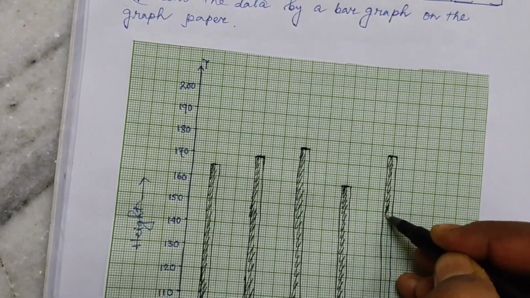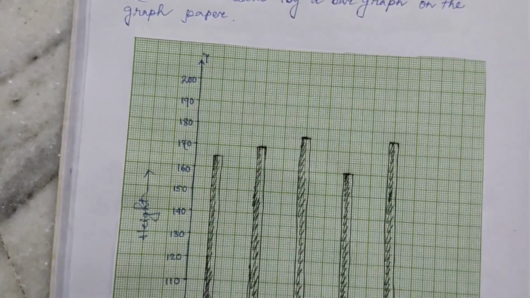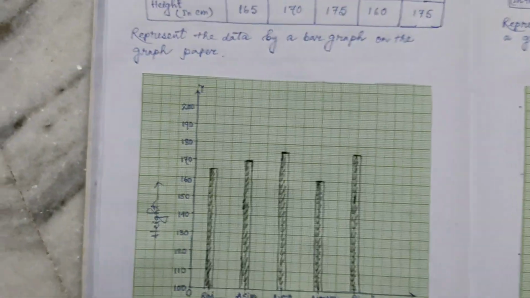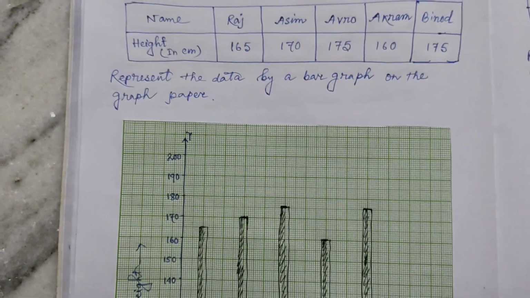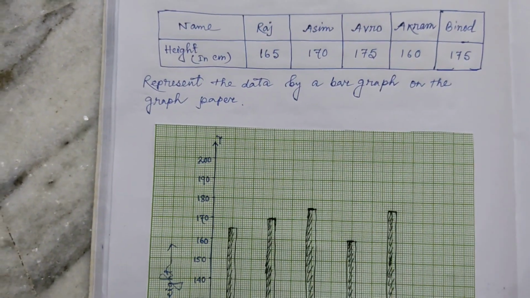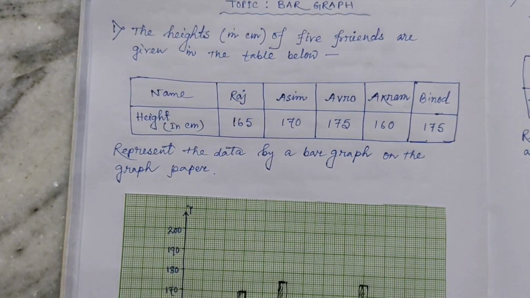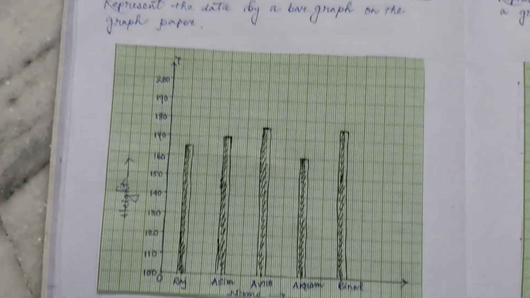Now fill it. So we have drawn the graph. So this graph represents the data, which is the heights of 5 friends.